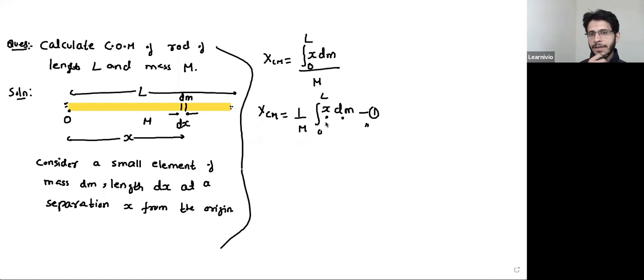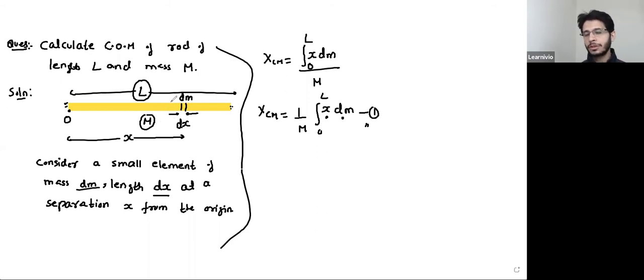Let's see what dm basically is. dm is the mass of length dx. The mass of the total rod is M, and the mass of this length dx is dm. Using these, you can convert dm in terms of dx.